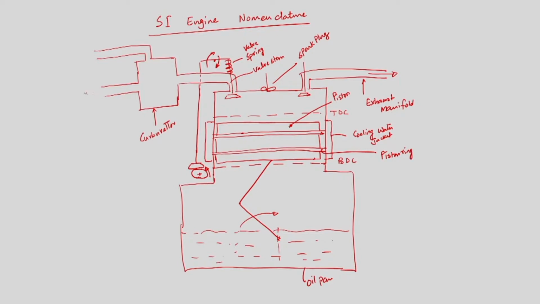This is the carburetor, this is air, and this is the fuel path. So air and fuel come to the carburetor and are mixed there, because as I said, in an SI engine normally an air fuel mixture is introduced in the cylinder in gaseous form. This is the cam and follower mechanism, connected with the connecting rod and also with the spring valve. This is the valve stem, and this is the spark plug.